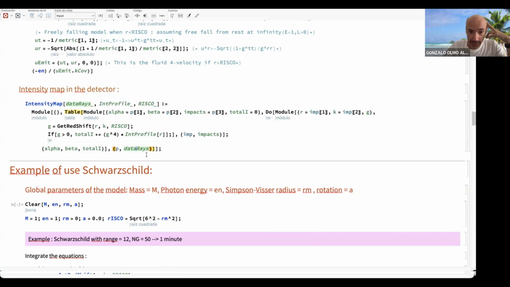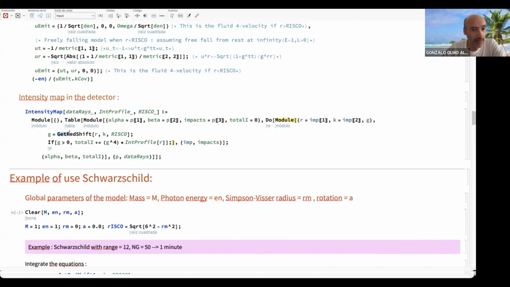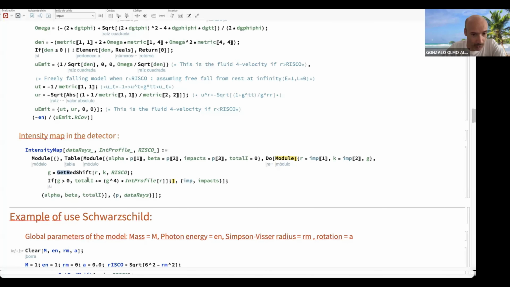Exactly, the rays info, because in rays info, the first component was alpha, the second was beta, and the third was R and the force momentum. So this P3 must have two components, I believe, or the impacts must be somewhere. Anyway, get redshift takes R and K. So R and K are here.